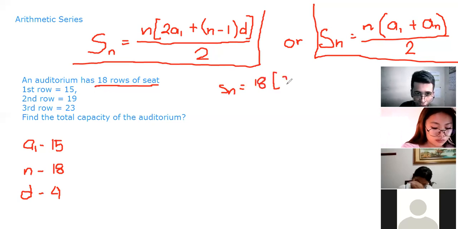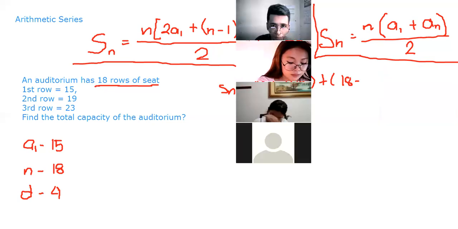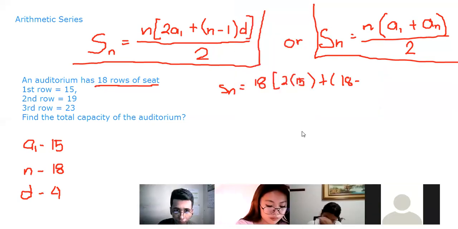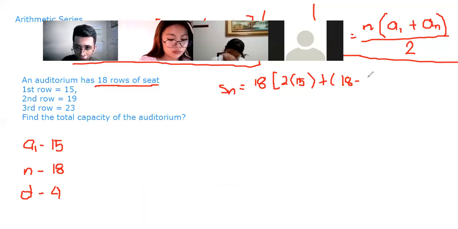Then, multiply to 2 times a sub 1 natin, that is 15. Plus, ang n natin, 18 minus 1, multiply to d. What is our d? That is 4, over 2.